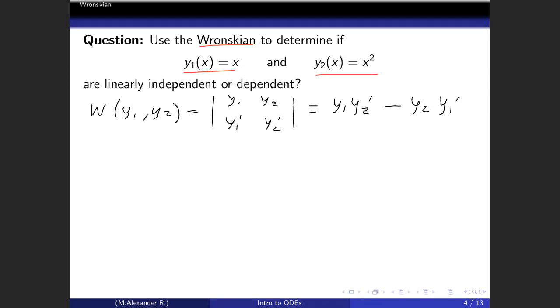The red part comes from multiplying those two, and the blue part comes from multiplying the other two, and then we put a minus in between. Make sure that you put a minus in between. That is the formula for the determinant of a matrix. But if you don't know anything about matrices, it's perfectly fine. Here's the formula that we're going to use.